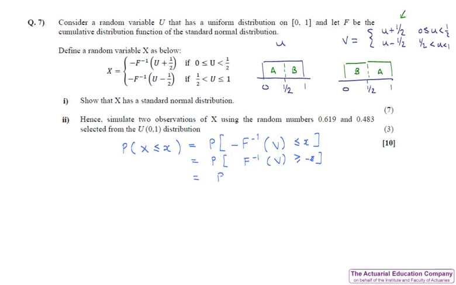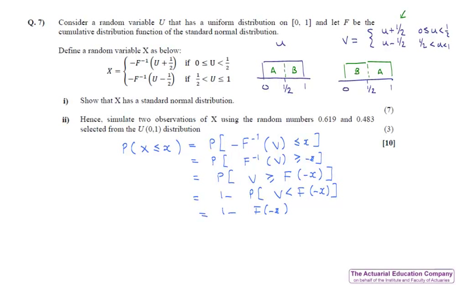Then inverting the function means we have the probability that V is greater than F of minus x, which is equal to 1 minus the probability that V is less than F of minus x. Given that V has a uniform 0, 1, the probability that V is less than F of minus x is actually just F of minus x.